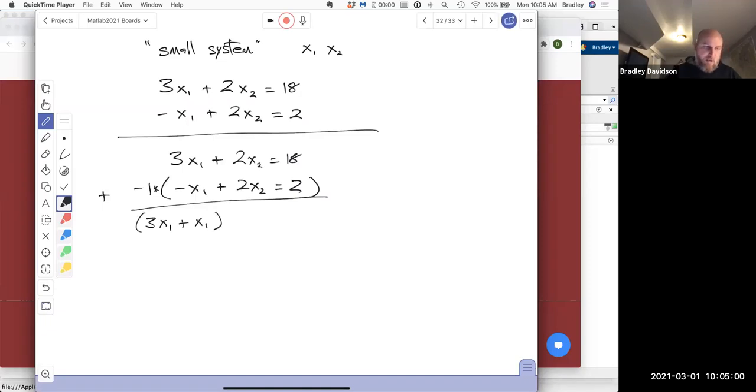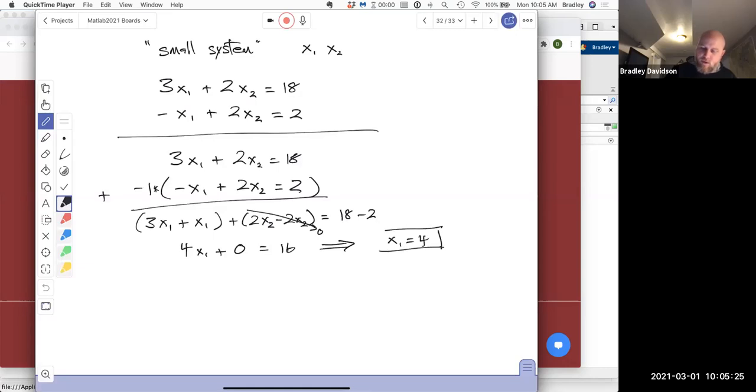Collecting those terms, I get plus 2x2 minus 2 times x2. And we've eliminated that. And then this is equal to 18 minus 2. So we get that 4x1 plus 0 is equal to 16. And then this gives us our solution, where when we solve for this, x1 is equal to 4.